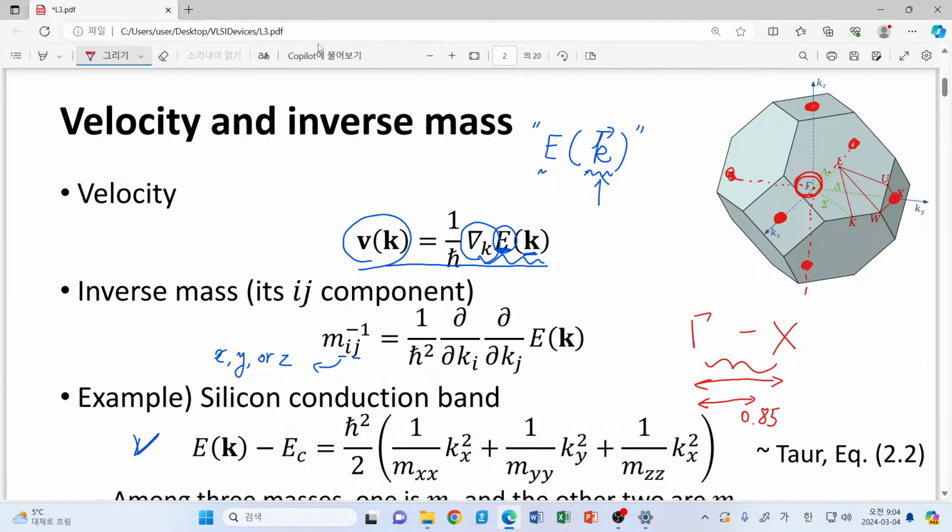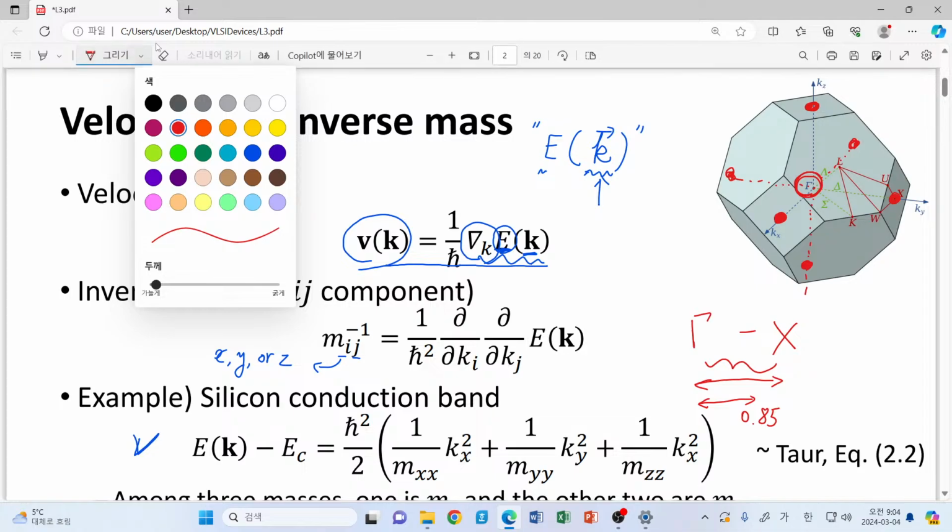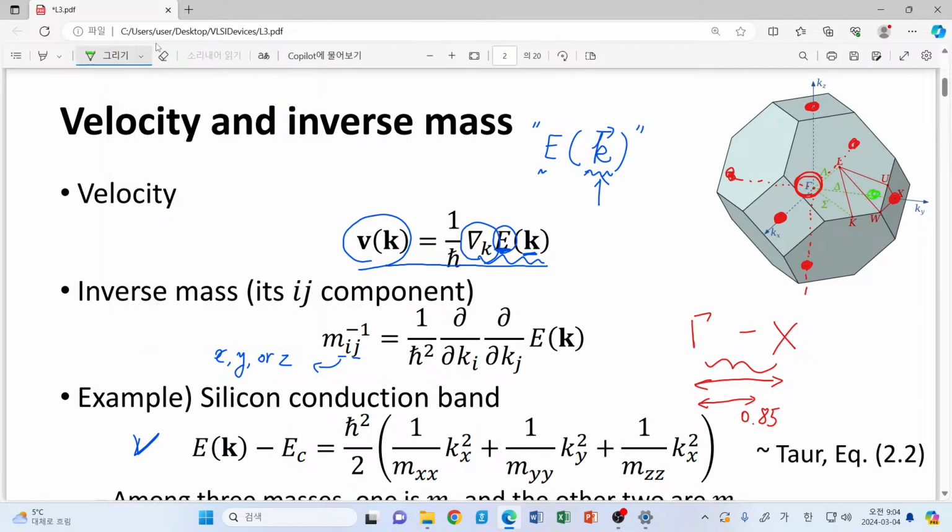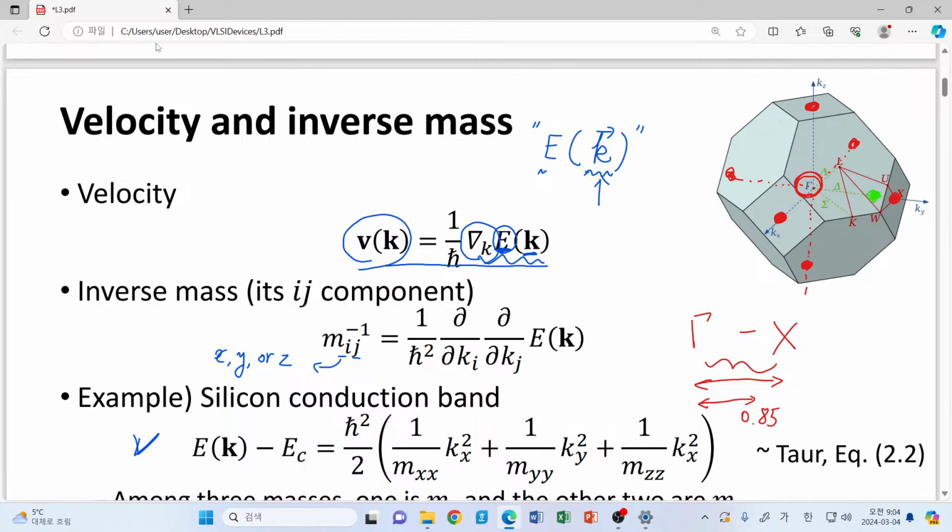Please try to visualize it. If we visualize it with a different color, maybe it is somewhere here. If this is the length 1, maybe you have somewhere here the minimum point for your conduction band. So you have 6 different copies of it.